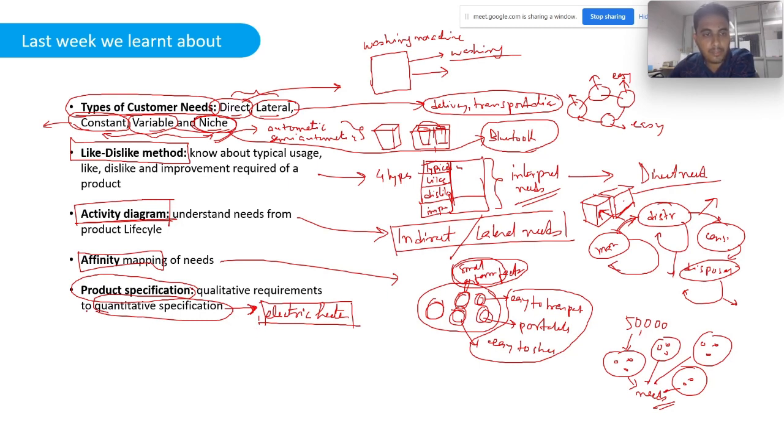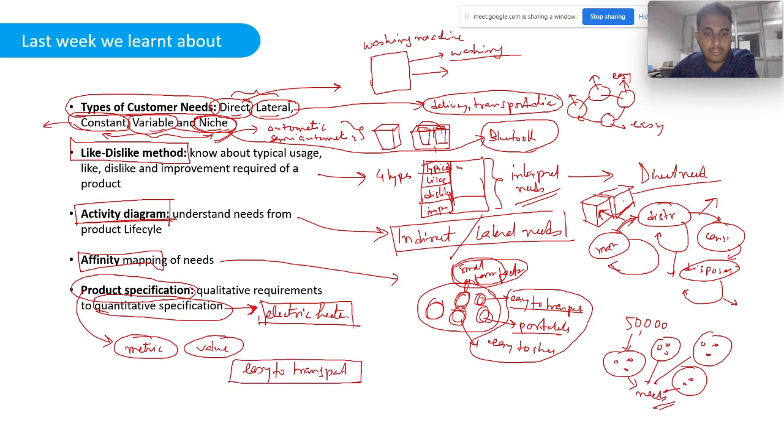Okay. So remember, in every product specification, we have two entities. One is a metric, and the other one is a value. That means when we say a customer need, for example, easy to transport, it is qualitative information, right?